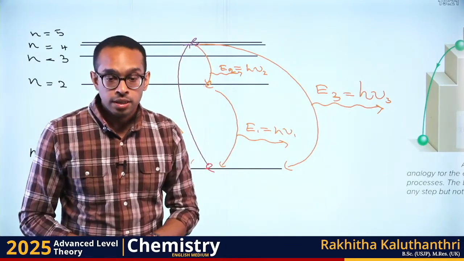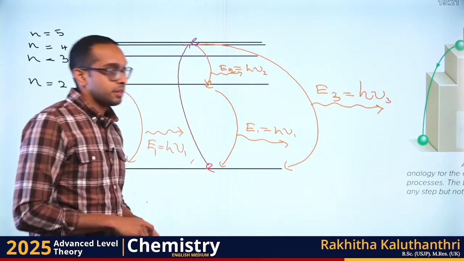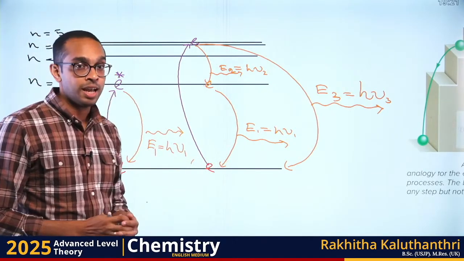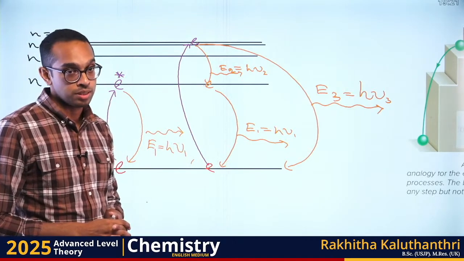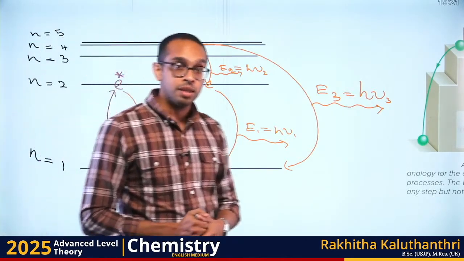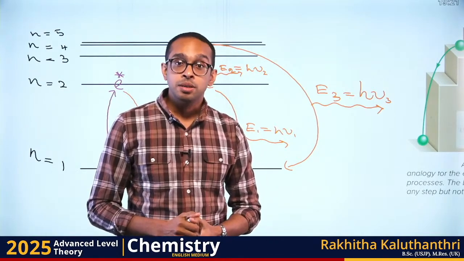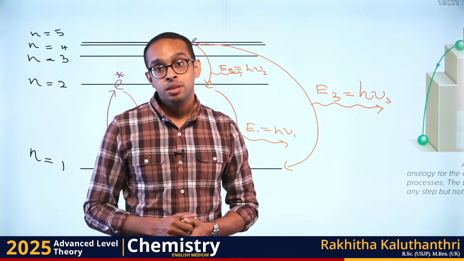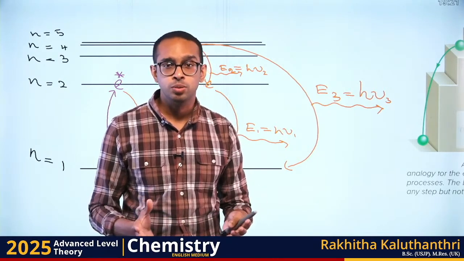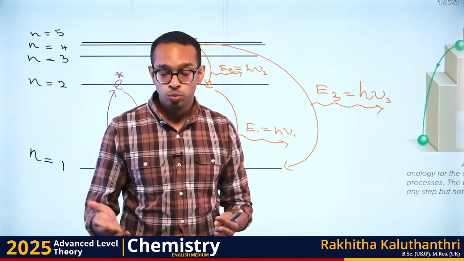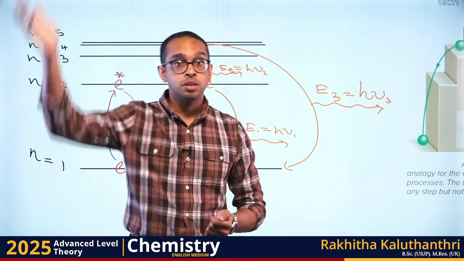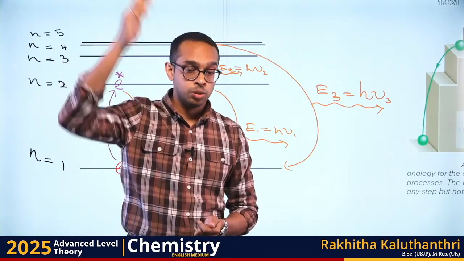Okay students, so this radiation that is emitted, as you can observe, can have different frequencies, and this is just for a single electron in a single hydrogen atom. But in a sample of hydrogen there are so many different hydrogen atoms that can have all sorts of electron transitions, sometimes moving electrons from the first energy level to the second, second to the third, or maybe first to the sixth, and sixth back to the third.